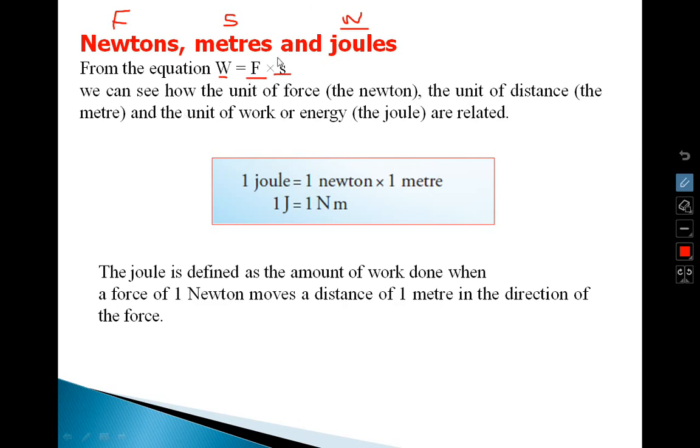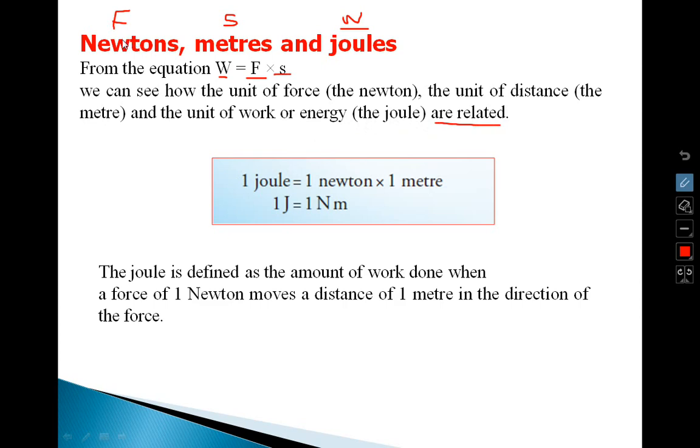From this equation, W is equal to F times S, we can see how the unit of force, Newton, the unit of distance, meter, and the unit of work or energy, the joule, are all related.